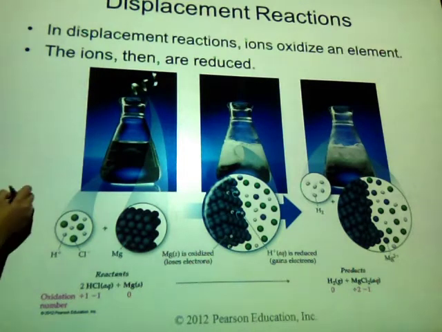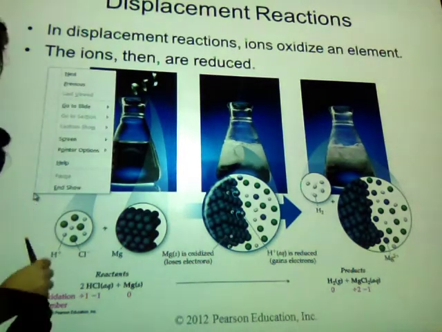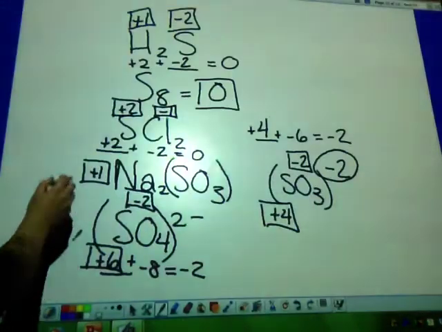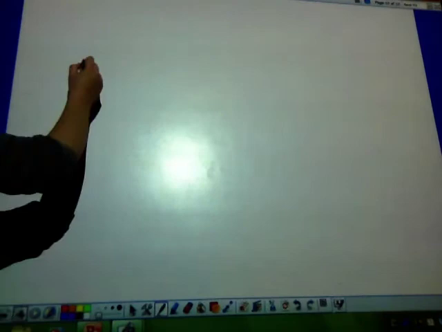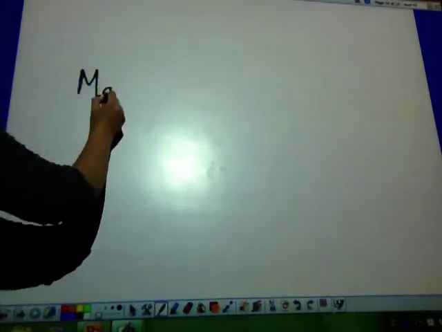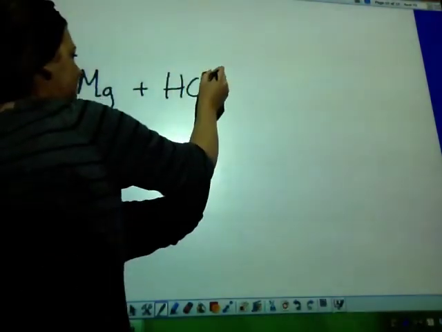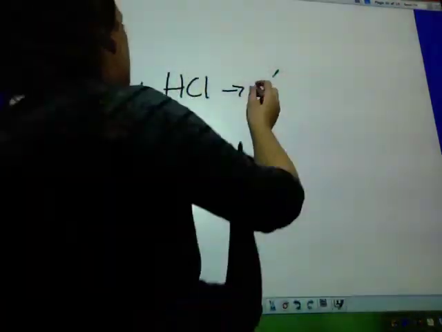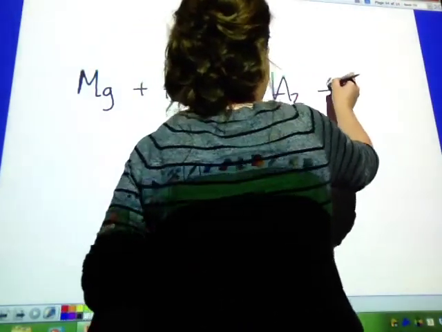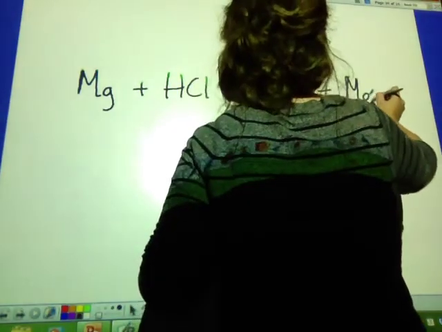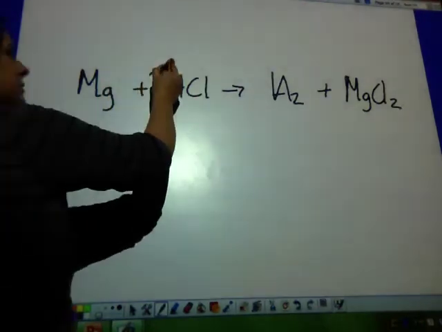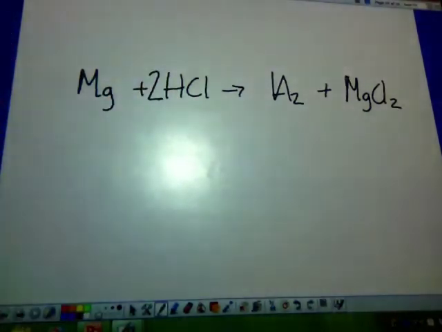So let me write this bigger actually, because I don't know that we can see that little tiny print down there. Okay, so magnesium was reacting with hydrochloric acid, and it produced hydrogen gas and magnesium chloride. And that is not balanced. Okay, now it's balanced.